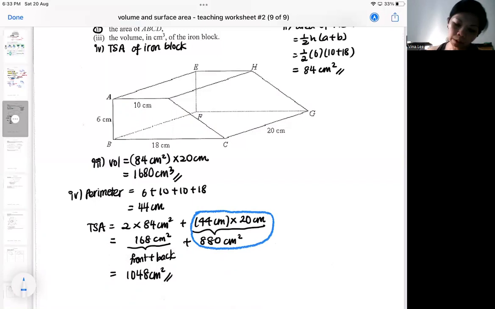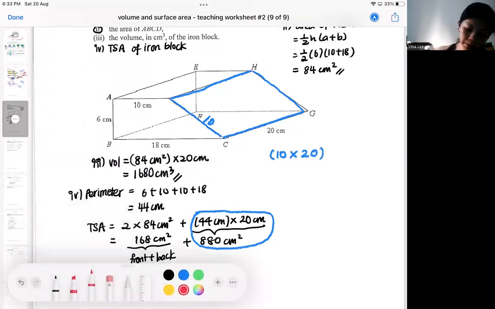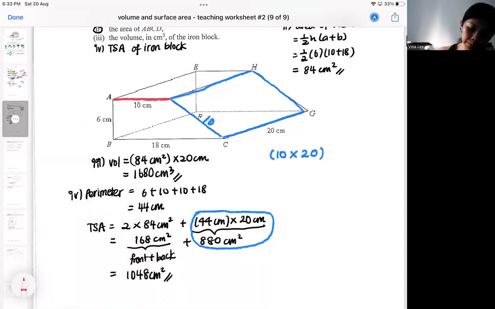Okay, so we try to get this piece first. This piece will be a 10 times 20. Okay, then I'm going to try to get this piece. So that is also a 10 times 20.